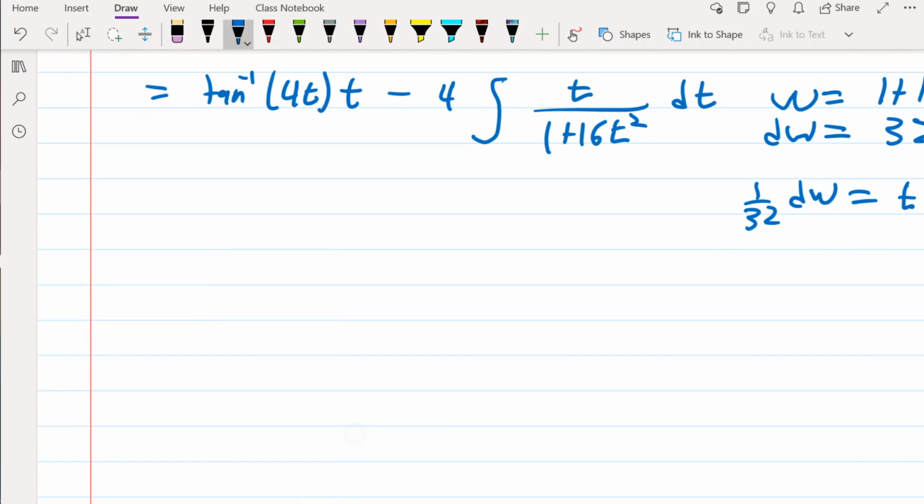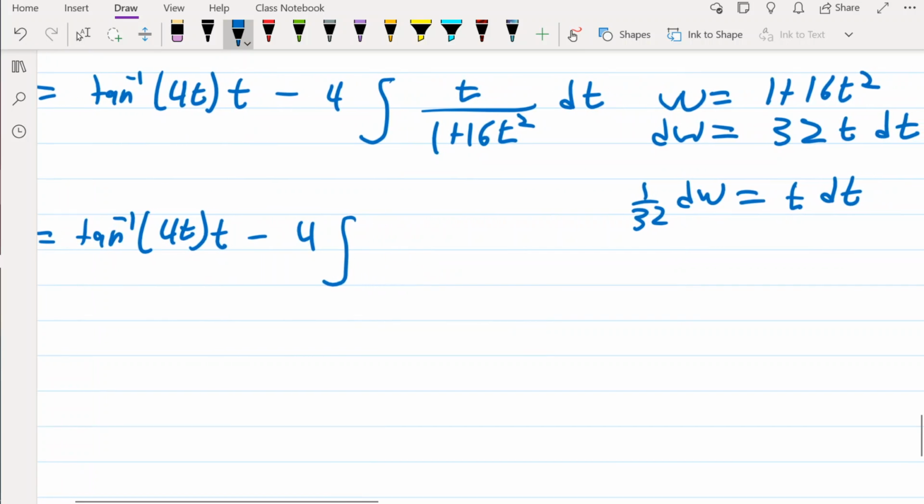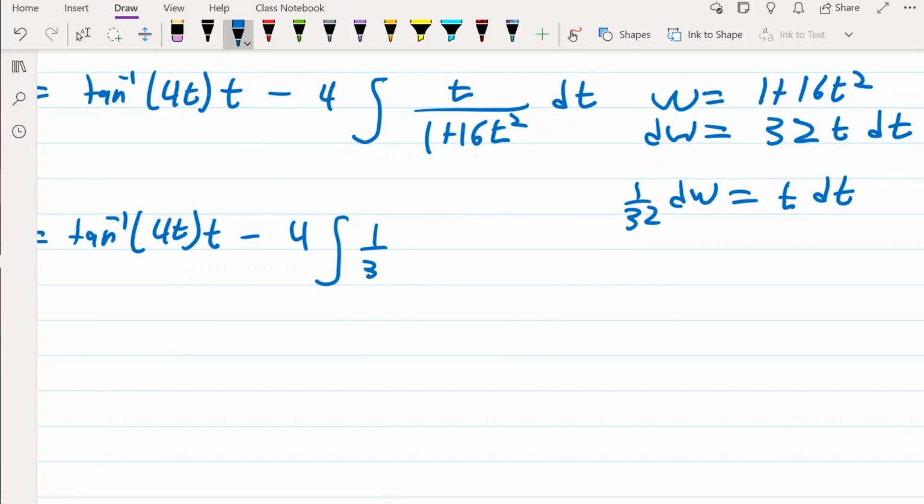Then we substitute in: the tangent inverse of 4t times t minus 4 times the integral of 1 over 32 dw over w.